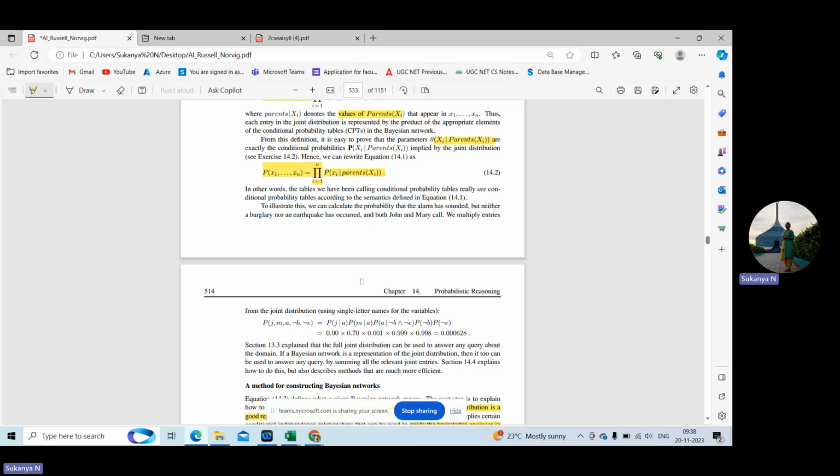So how are we going to do this? We are going to rewrite this equation 1 using the product rule, and we get the next joint distribution. So how to rewrite this? P of x1 to xn is equal to P of xn given xn minus 1, comma, x1, then xn minus 2 comma, x1.